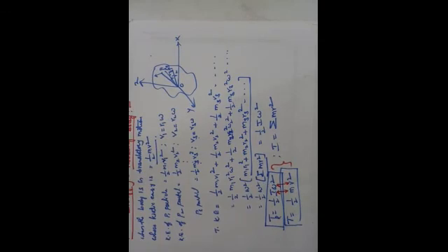So the kinetic energy of a rotating body is half I omega square, and the kinetic energy of a body in translatory motion is half m v square. This is our required equation.